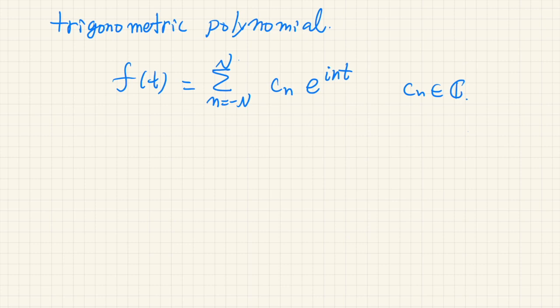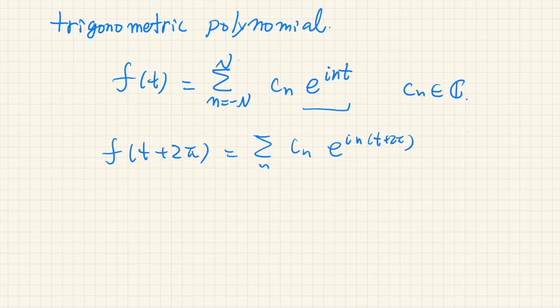But before calculating the Fourier coefficients, please note that this function has a period of 2 pi because of this factor. Just in case you're not sure, let's try to calculate f of t plus 2 pi. So that is this summation, c_n and exponential of i n (t plus 2 pi).